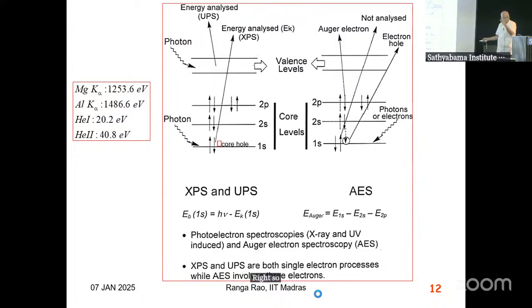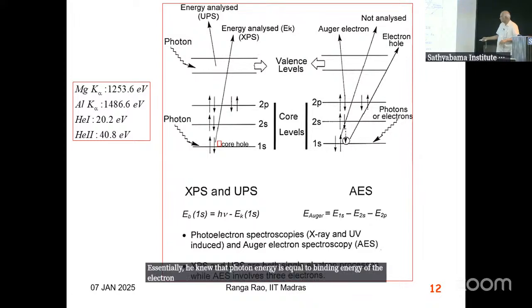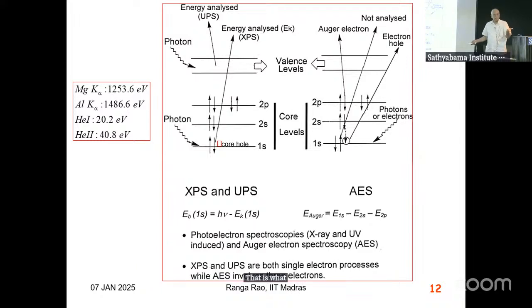If you keep the work function aside, essentially the photon energy h nu is equal to the binding energy of the electron in a particular level plus the kinetic energy of the electron that has come out. That is what Einstein said in 1905. We still believe that, and that's why the spectroscopy has come.